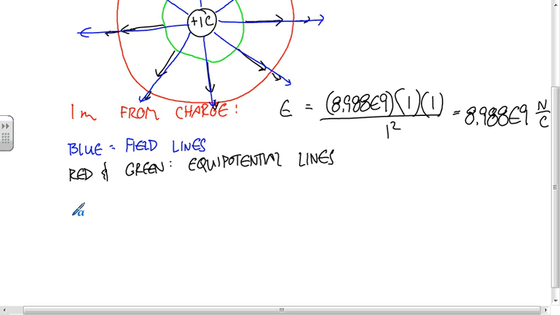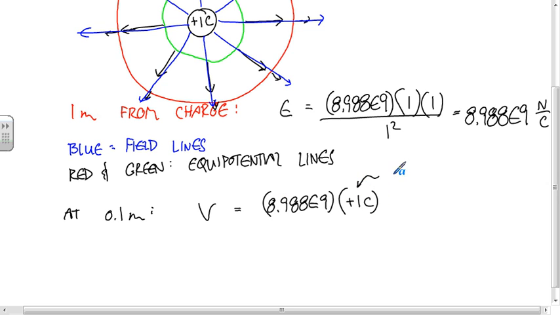So at 0.1 meters away, the electric potential is equal to 8.988 times 10 to the 9 times the fixed charge divided by R, and so you get 8.988 times 10 to the 10, and what are the units?